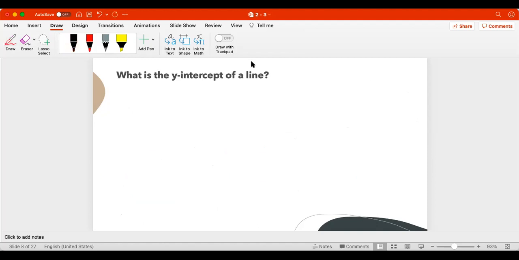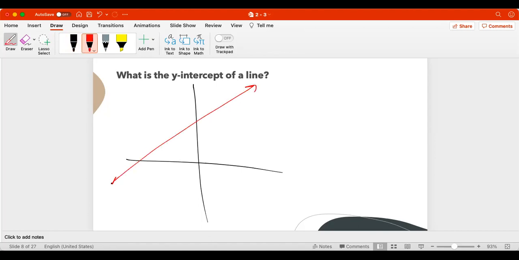Okay, the next concept is the y-intercept. Now, suppose we have the xy plane and we graph some kind of line. Let's say this is the line. Where we cross right here on the y-axis, that's called the y-intercept.